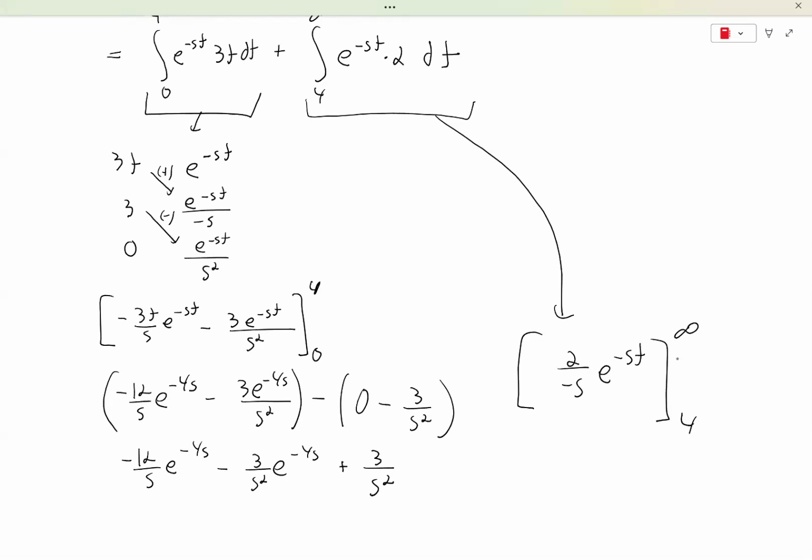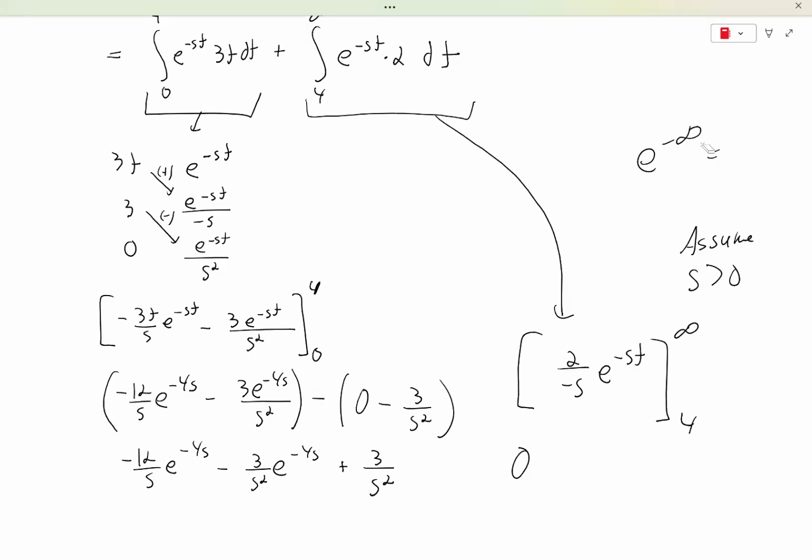Now, if you put in infinity here, what does this go to? So let t be infinity. We're assuming here s is greater than 0. So if you assume s is greater than 0, put t to infinity, this goes to 0, because you get e to negative infinity, which is 0 basically.